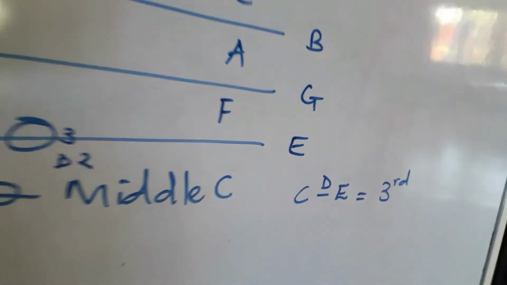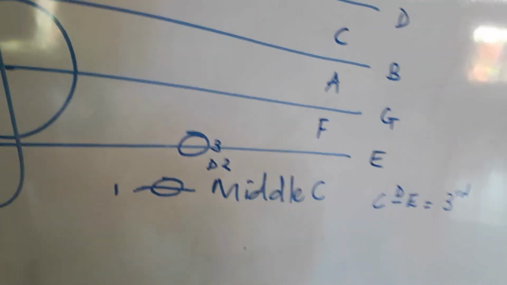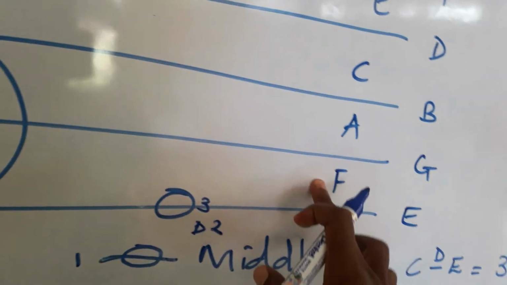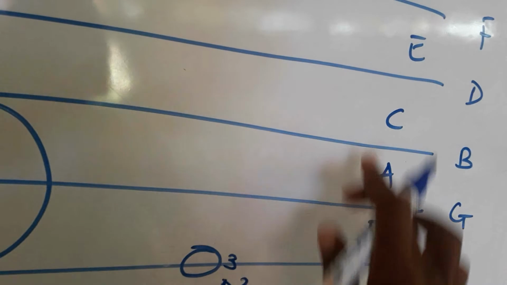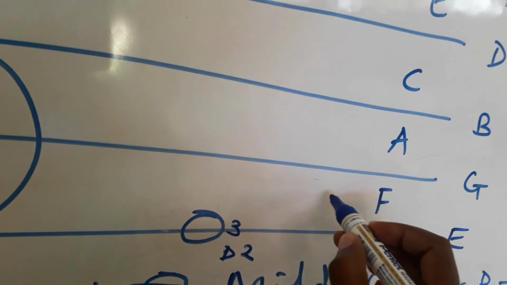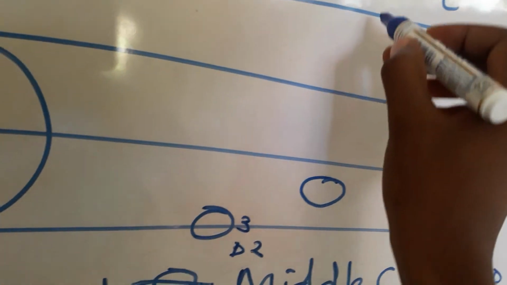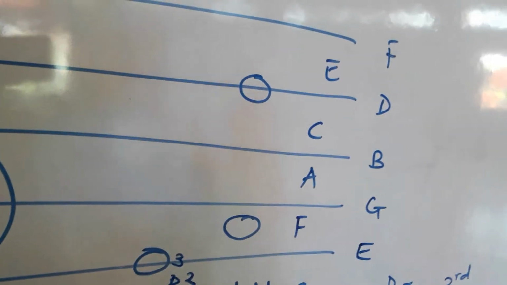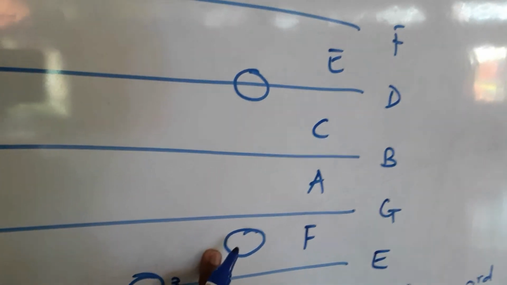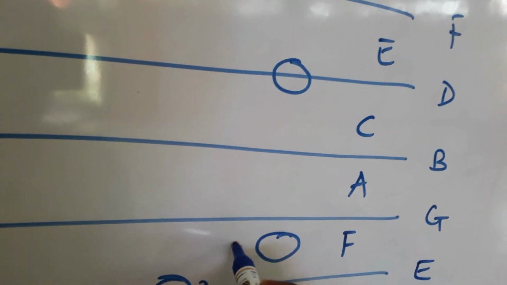Now, if we were looking for note F and D, for example, what is the interval between note F and note D? We are going to do the same exact calculation, where we have note F as our first note. So this will be note number 1.